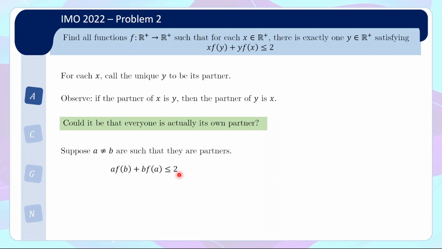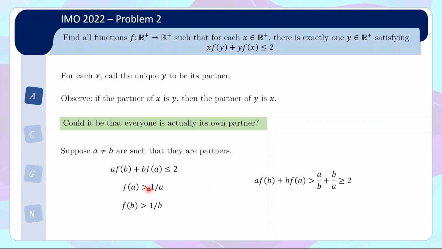But by the definition that a is not a partner of itself, we also have a f(a) plus a f(a) is bigger than 2. And of course, this is just a f(a) bigger than 1, which is the same as f(a) bigger than 1 over a. Similarly, b is not a partner of itself, so this inequality must hold. Again, b f(b) bigger than 1 and f(b) bigger than 1 over b.